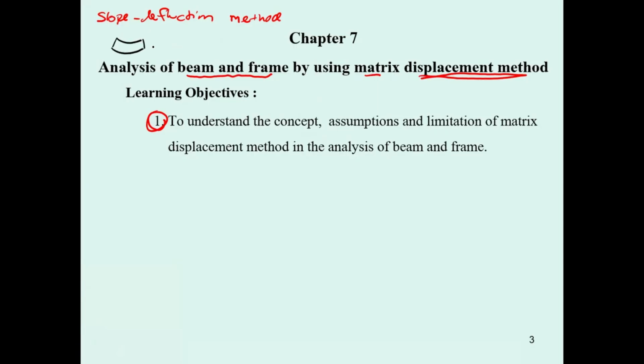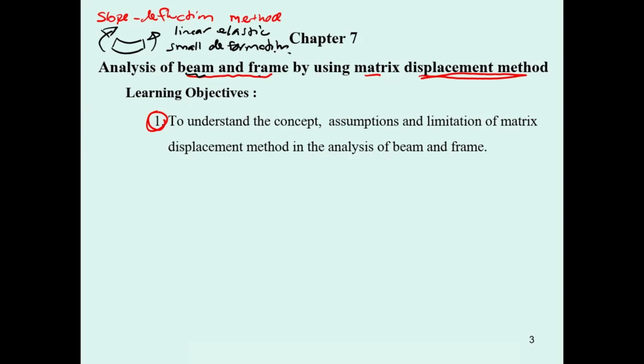The deformation of the structure, that means beam and frame, is mainly due to the bending moment, and the behavior of the material during bending is in the elastic region, and the deformation is going to be very small.